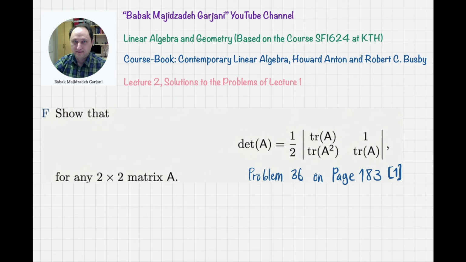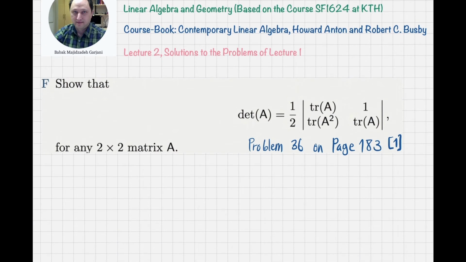Okay, so if you want to solve this problem, we can consider a generic 2 by 2 matrix. So let A be this matrix, A, B, C, and D. Okay, so what I need to calculate is the trace of A here and here, and trace of A squared. So the trace of A is very clear. So trace of A becomes A plus D. Yes.